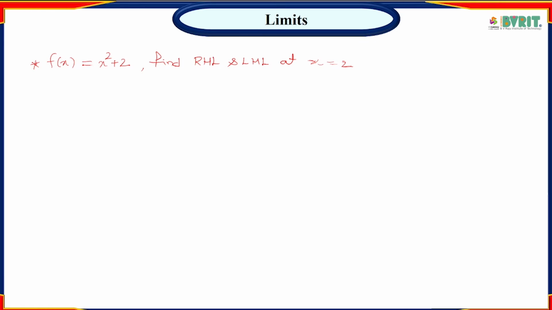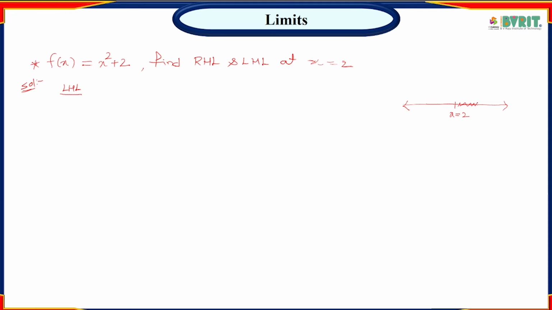Okay, now first of all, the solution, the left hand limit. So here I am taking again the real line. This is the real line, at x is equal to 2.